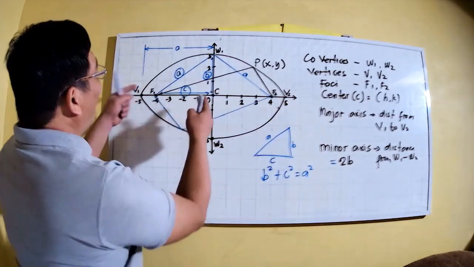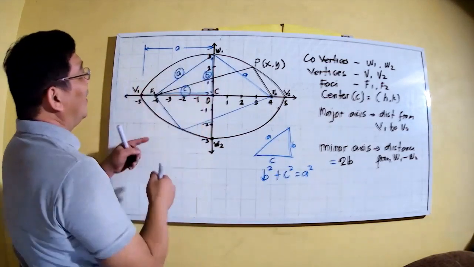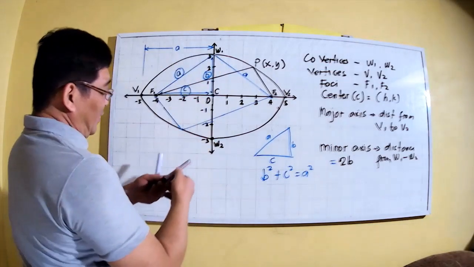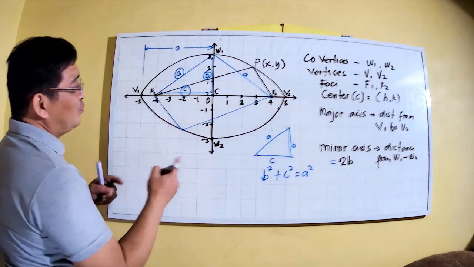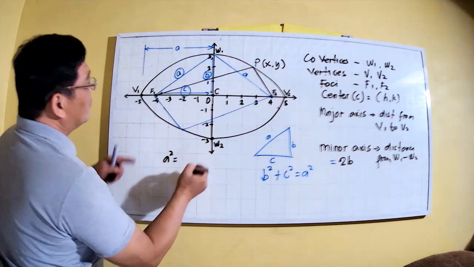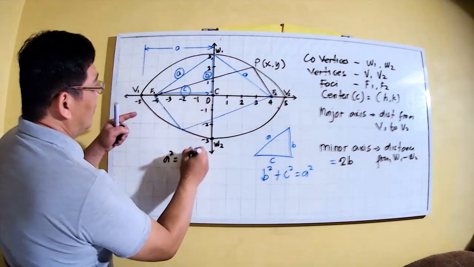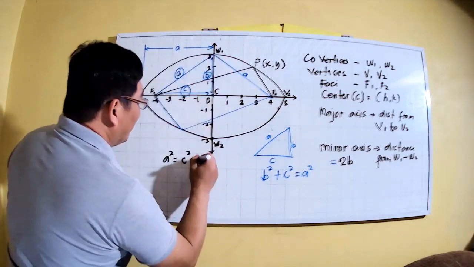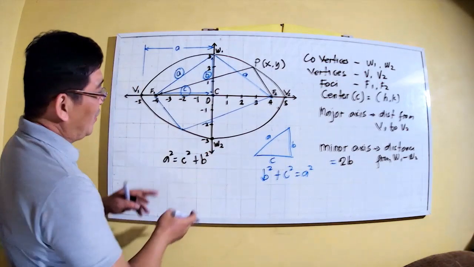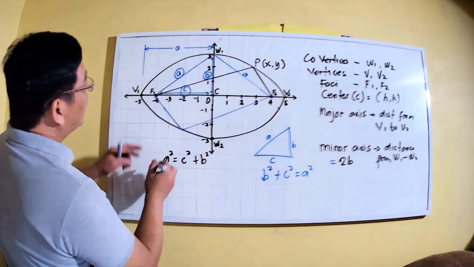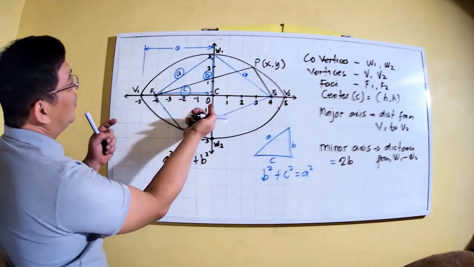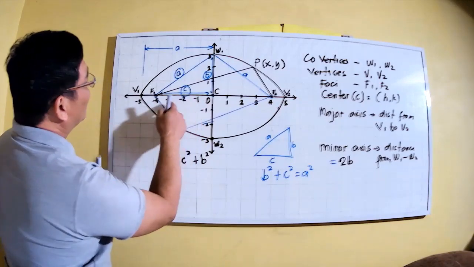If we are going to find this triangle, what will be the length of A? So let's solve it. If C square and B square, we have here a Pythagorean theorem. The distance C is equals to, we can look at the units, 1, 2, 3, 4.